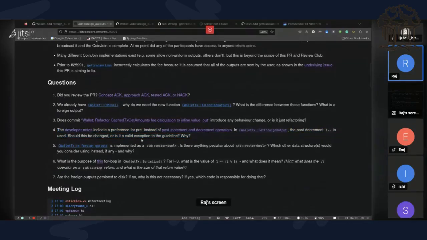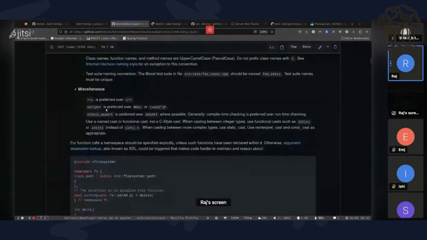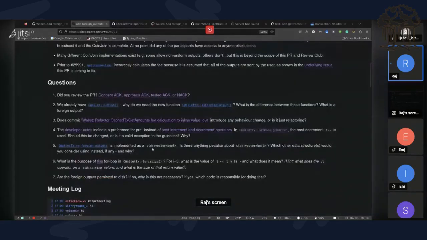If I can find the developer note, it's included here: under miscellaneous, ++i is preferred over i++, and there are some C++ nuances going on there that make these standardized rules, and this PR kind of invalidates that rule in this code base.